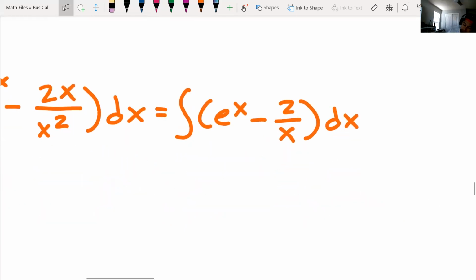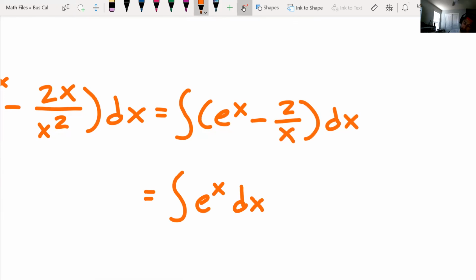Okay, everything's been reduced. Now split it into two integrals. The integral of e to the x dx minus, I'm going to take that 2 out and multiply by the integral of 1 over x.